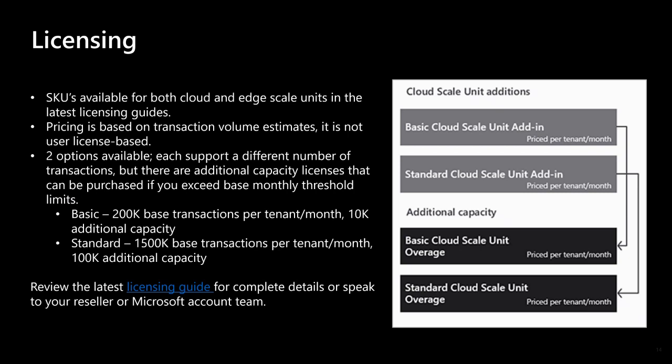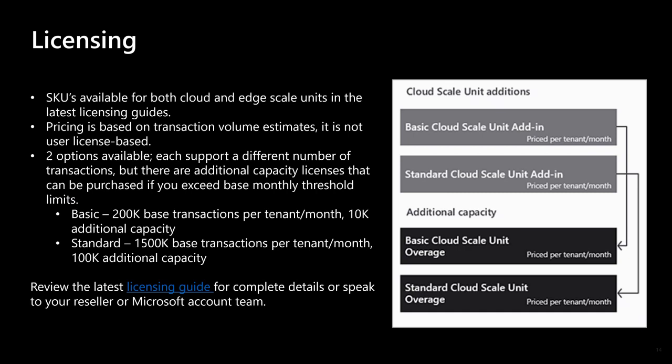And here you can see the standard is 1.5 million transactions per tenant per month with an additional 100,000 transactions of capacity that can be purchased. As always, review the latest licensing guides. With anything Microsoft related and licensing, it is subject to change. So best to always review the latest licensing guide or speak to your reseller or Microsoft account teams if you have additional questions.